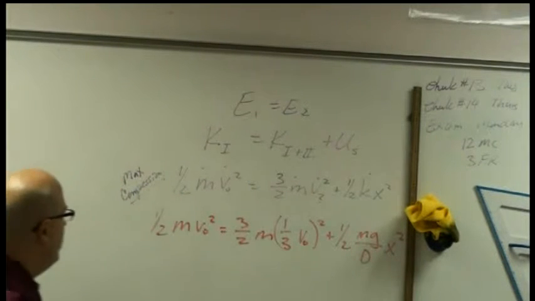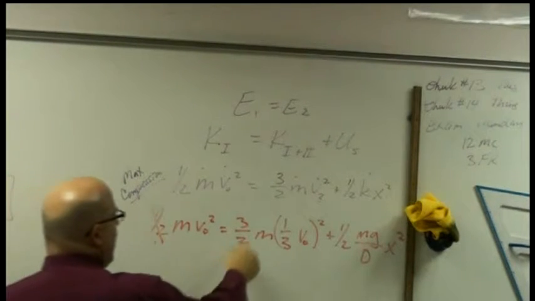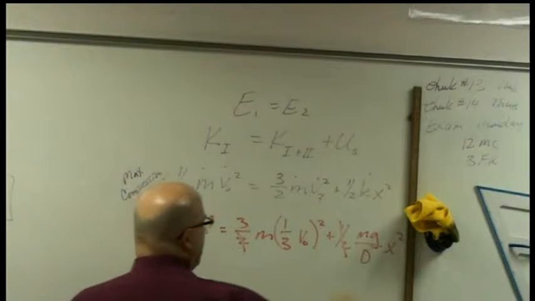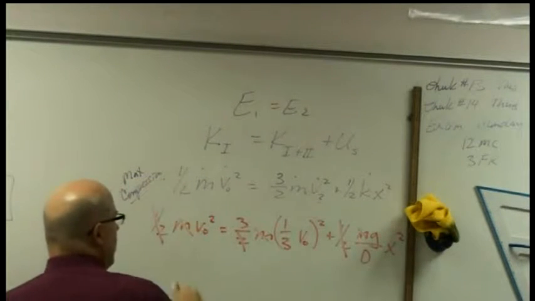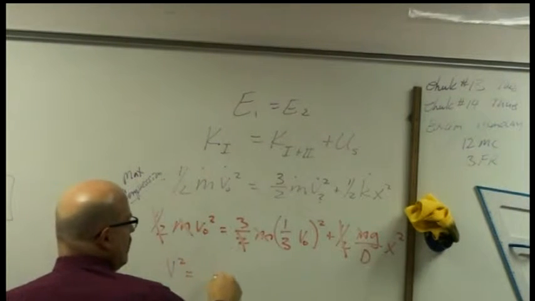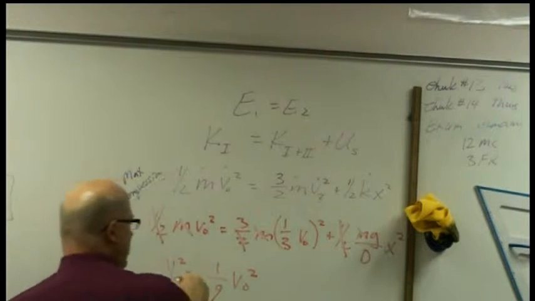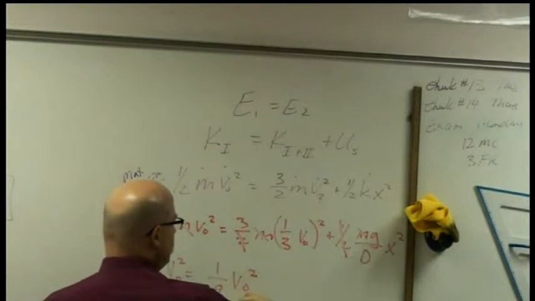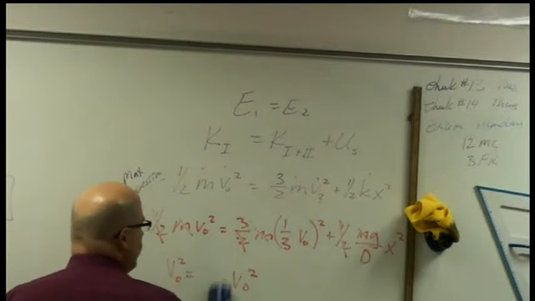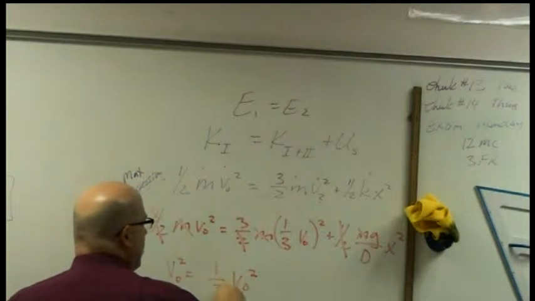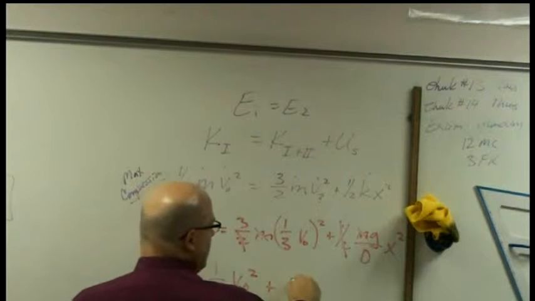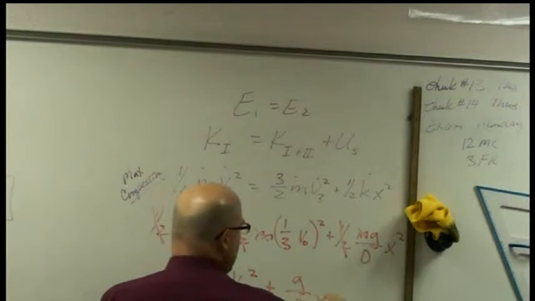Okay, so several things can happen here. I can get rid of a half. I can get rid of an m. I'm left with v naught squared equals 1/9 v naught squared. Oh, this is a v naught as well, times 3. Oh, times 3. So this is 1/3. Thank you. I missed that. Ridiculous. And then I have a plus g over d x squared.